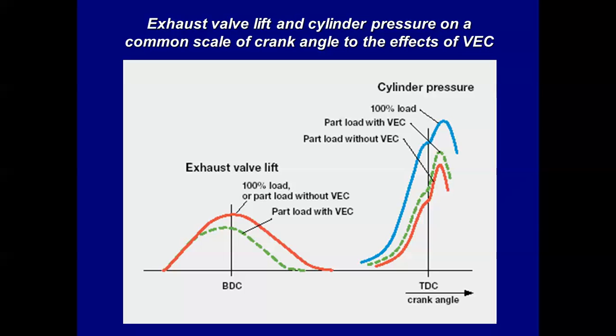Now, on the exhaust valve, same type of thing. What we're showing here is that at partial loads, by changing the exhaust valve timing, and that's what they're showing here on the lift, basically they're going to increase the Pmax at partial load to give you a better burn.